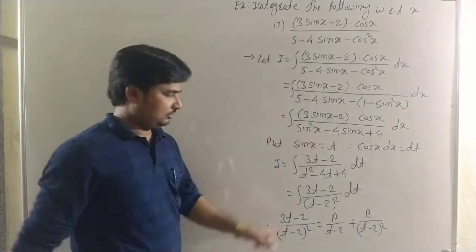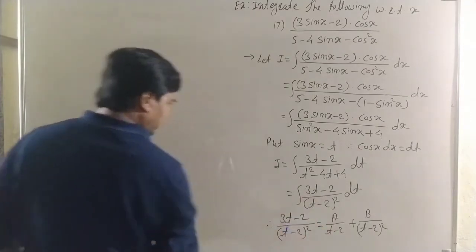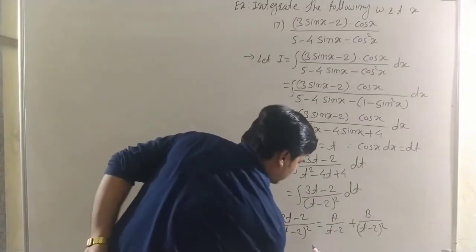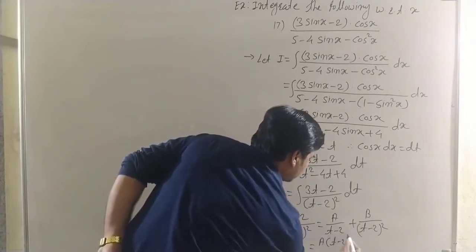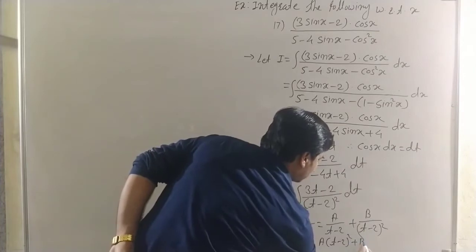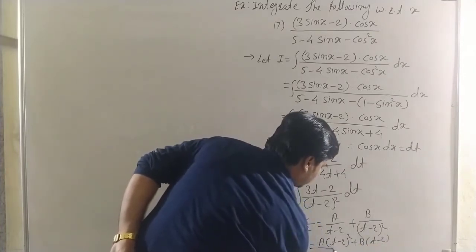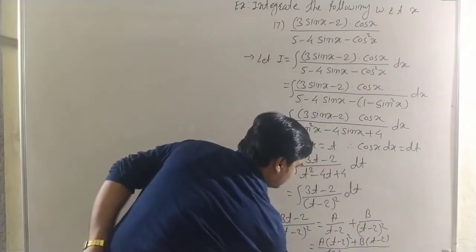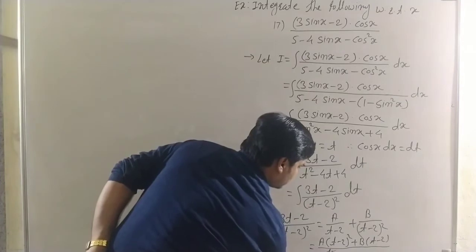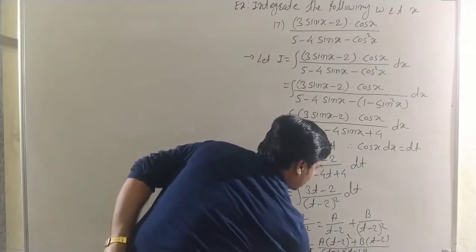Okay, see carefully, and now take the cross multiplication. We can write here a into t minus 2 whole square plus b into t minus 2, whole upon the denominator t minus 2 and t minus 2 whole square.